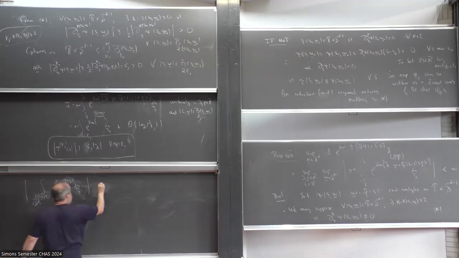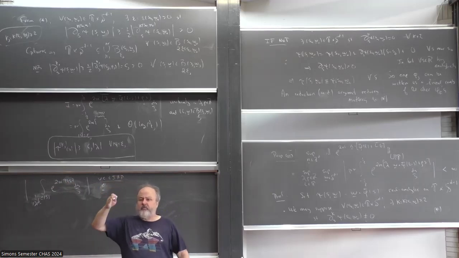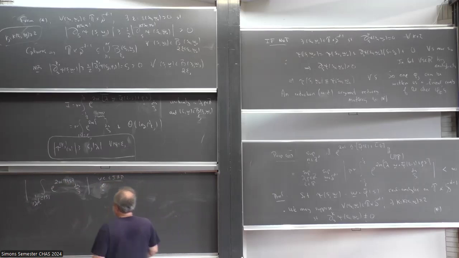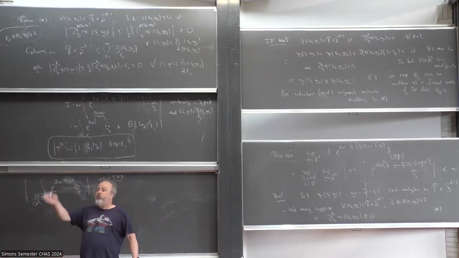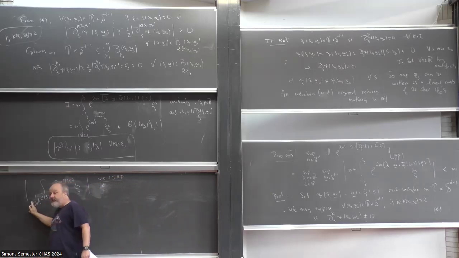Okay, so this is by van der Corput plus integration by parts. Van der Corput says that when I have the k-th derivative bounded from below by lambda, when I integrate this oscillation, I pick up a gain of 1 over lambda to the 1 over kj. But when I integrate by parts with 1 over s, where s is bigger, I pick up a factor of lambda to the k.